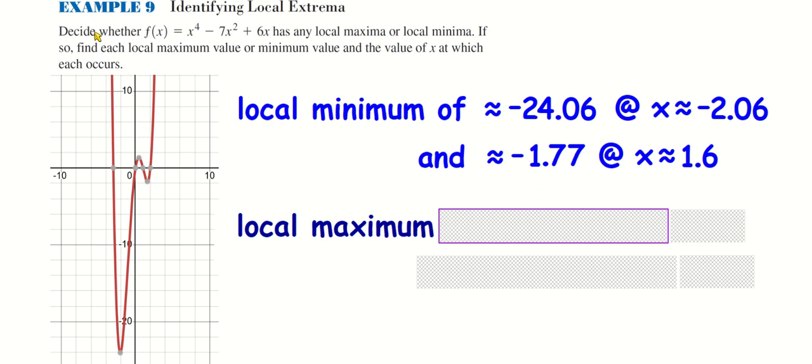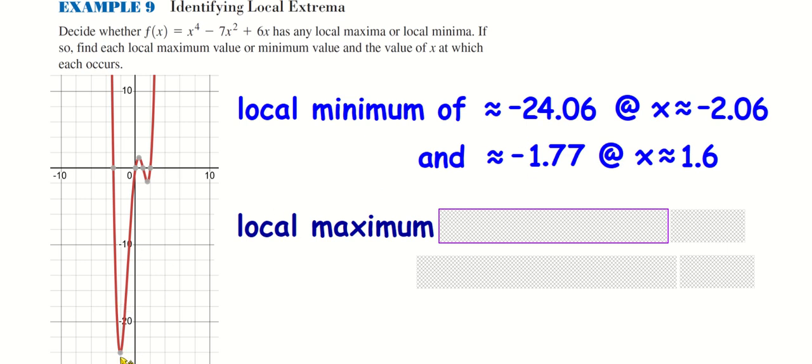But let's see. Now that I'm looking back at the directions, I'm thinking the directions are literally only asking for local maxes and mins. They're not even asking you to identify if there are any absolute mins or absolute maxes. But let's see, so negative 24, that'd be this point.